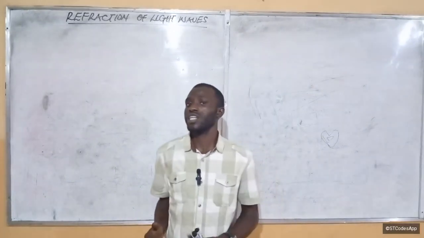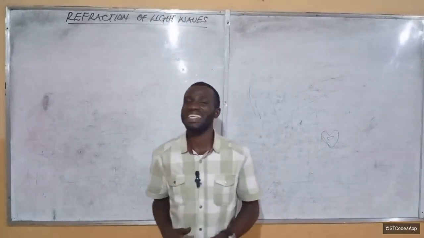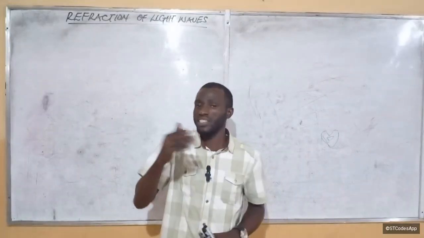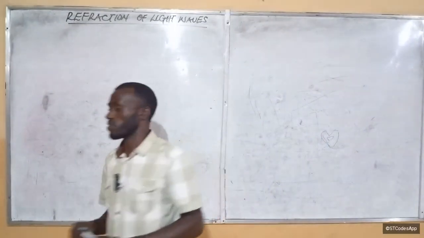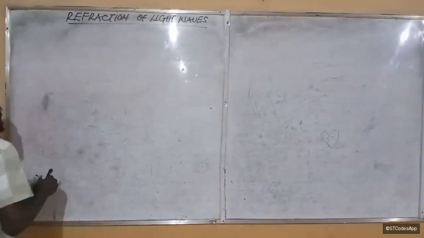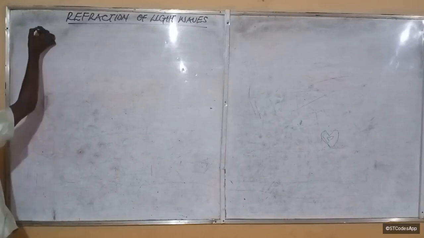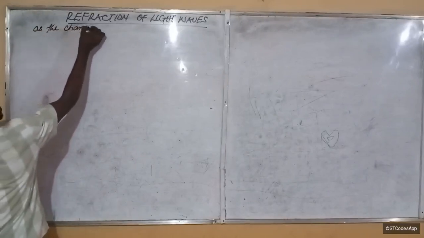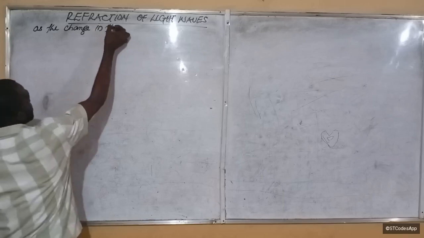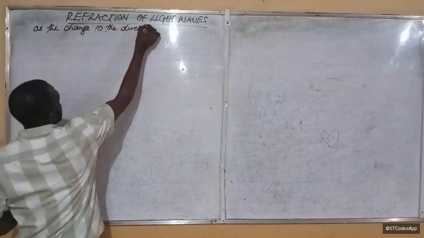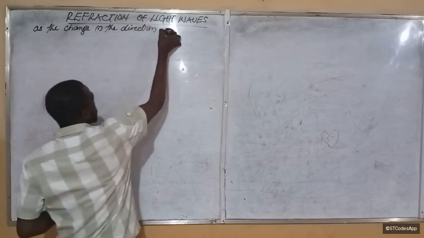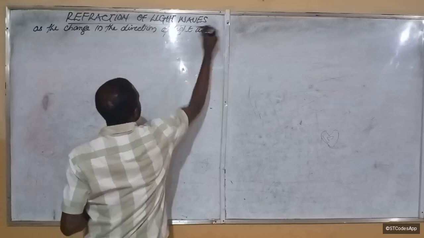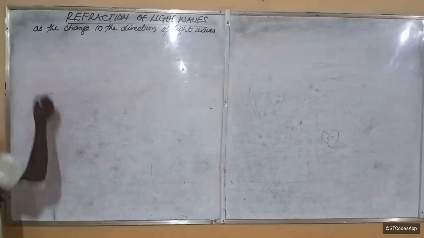Now, another way by which it can change its direction is refraction. Let me show you what refraction is. Refraction we define as the change in direction of a wave. In this context, I'm going to use light waves.